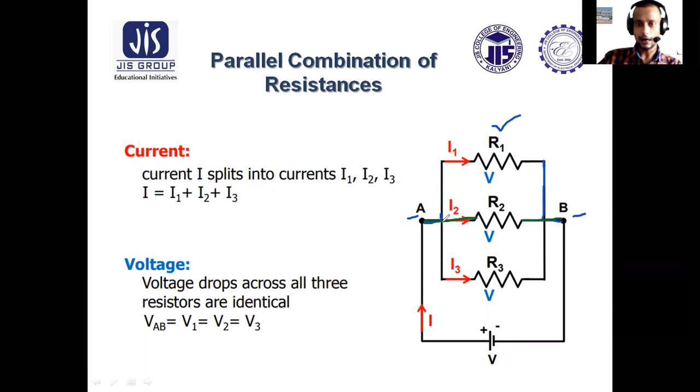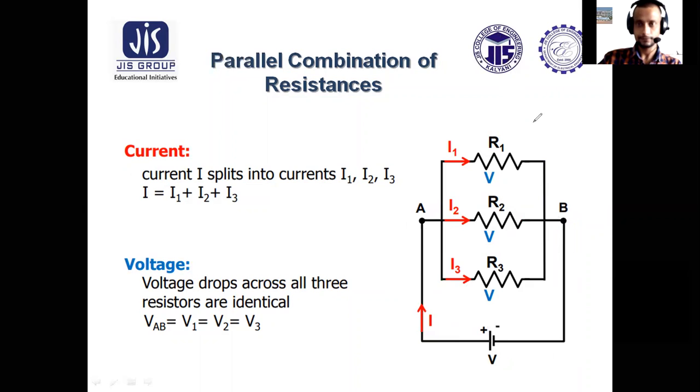Similarly, R3 is connected between A point and B point. And voltage source is also connected between A and B. So what can we conclude here? All the 4 elements shown here, R1, R2, R3 and voltage source, are connected in parallel because they are having same starting and same ending point.